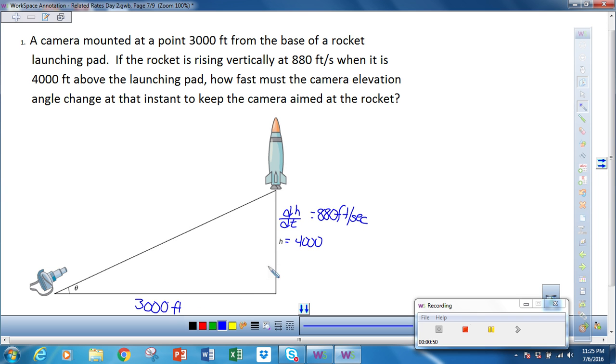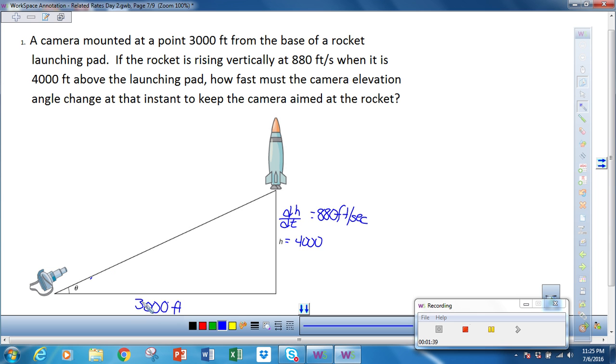And the reason that I'm choosing to use tangent is because I have dH dt, okay? If I were to use, let's say, sine, which would be h over the hypotenuse, both h and the hypotenuse are changing, so then I would need to know the rate at which this hypotenuse is changing, and I don't know that.